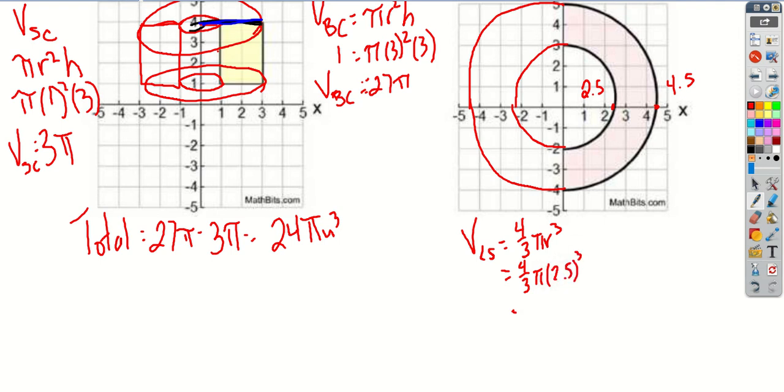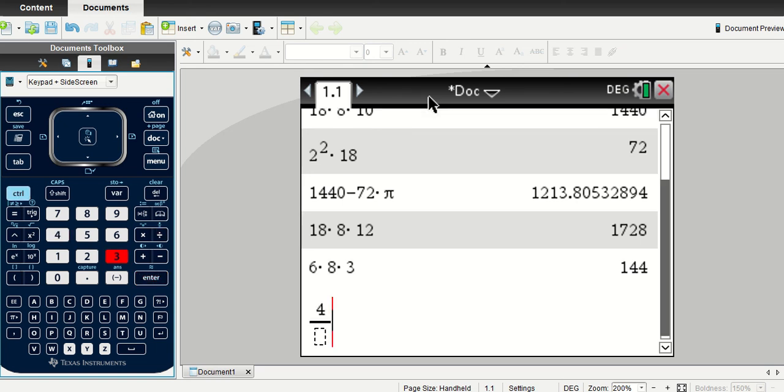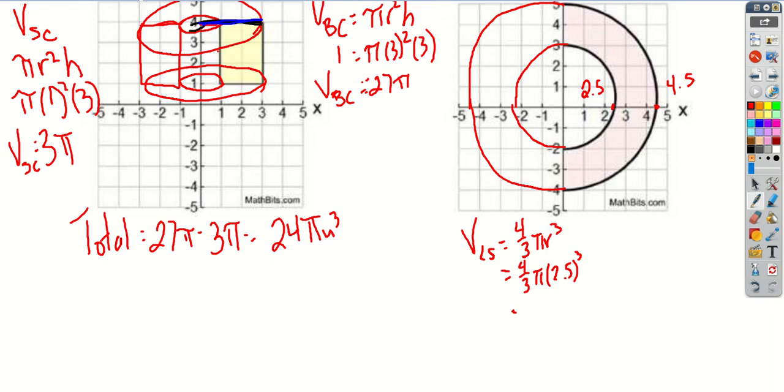We'll leave it in terms of pi again. So we have 4/3 times 2.5 to the third, and we get 20.83 repeating. So 20.83 with a hat on it, pi, and that is the little sphere.